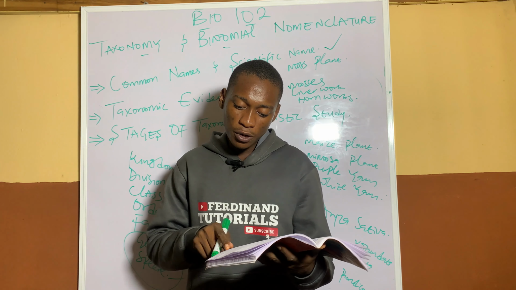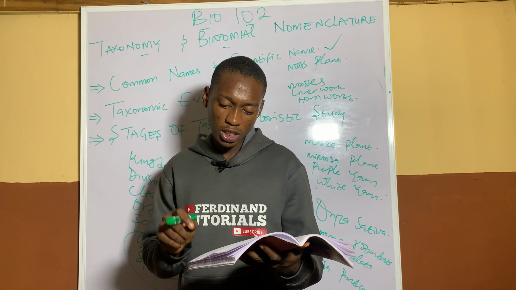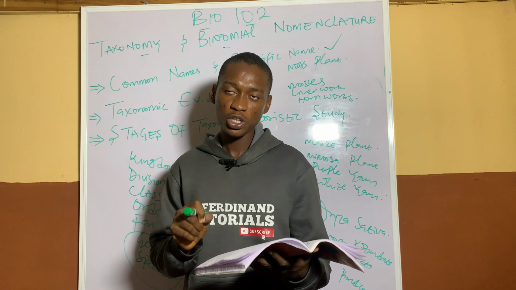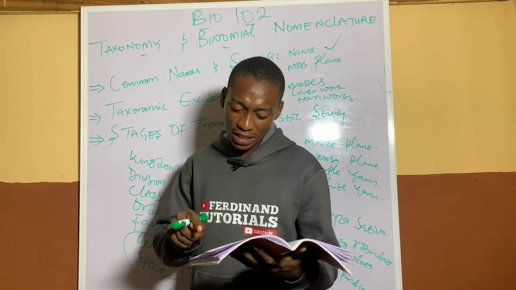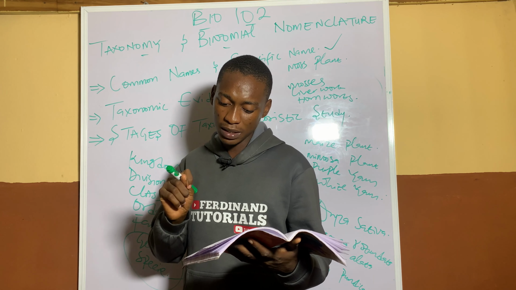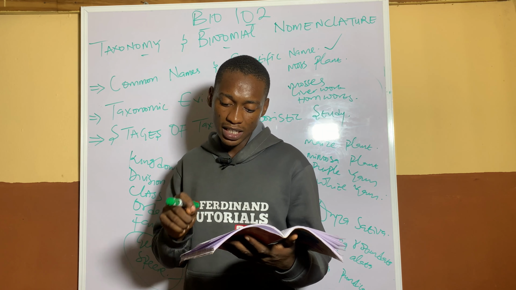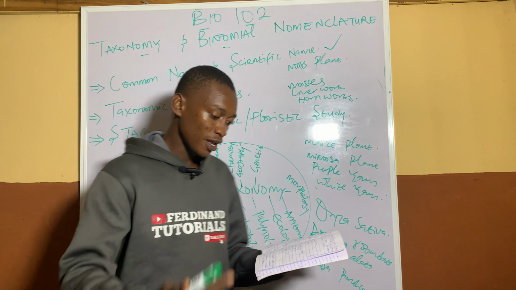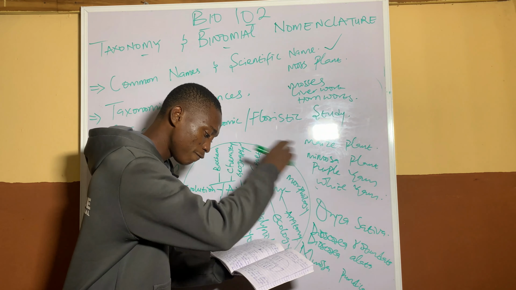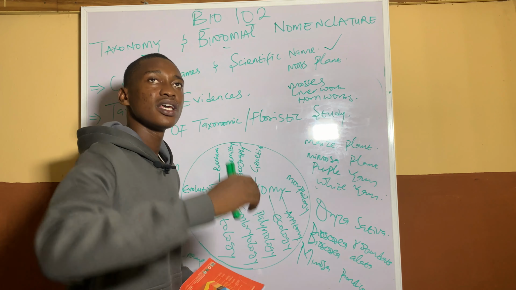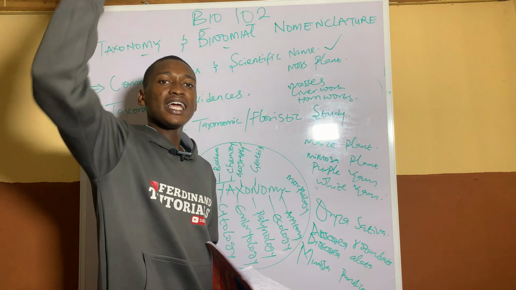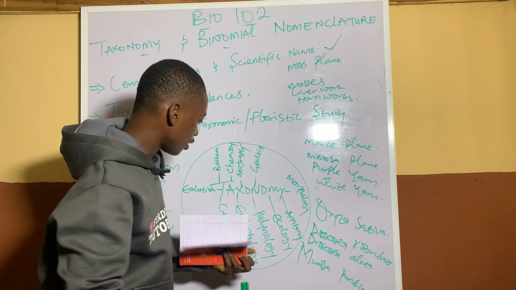I'll go again. Taxonomy is a pedestal upon which all biological disciplines are built because it is the unifying and integrating discipline which represents the peak, P-E-A-K, the highest of biological endeavor.